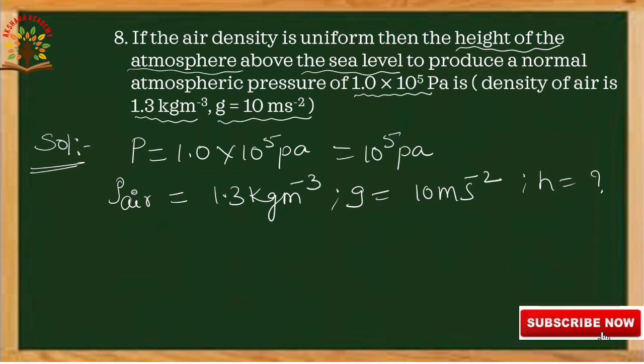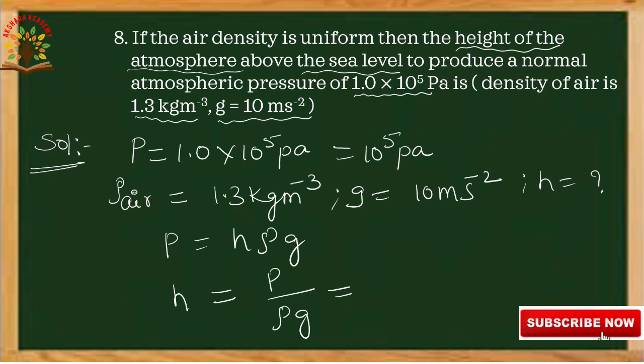From the pressure at a point inside a liquid, P is equal to h rho g. Density we can write either d or rho. P is equal to h, height; rho, density; g, acceleration due to gravity. From this we are writing the formula: h is equal to P by rho g.